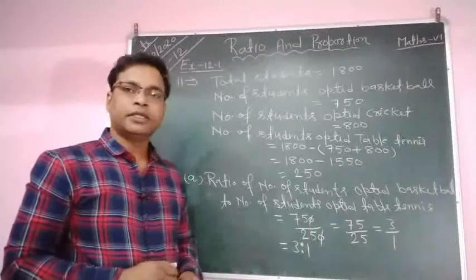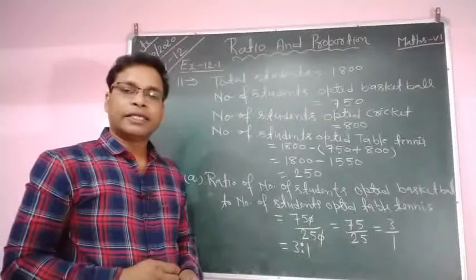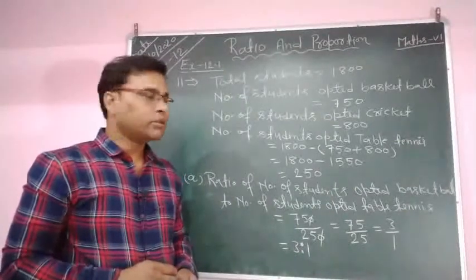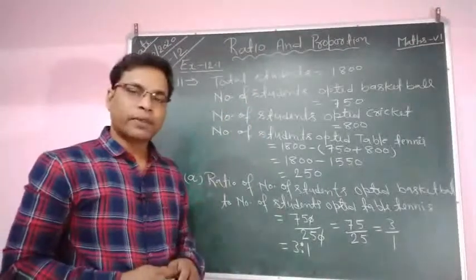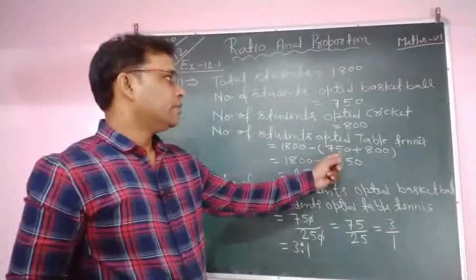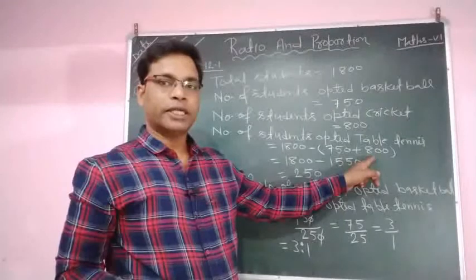So for this we subtract the sum of the number of students who like cricket and basketball from the total number of students in the school.